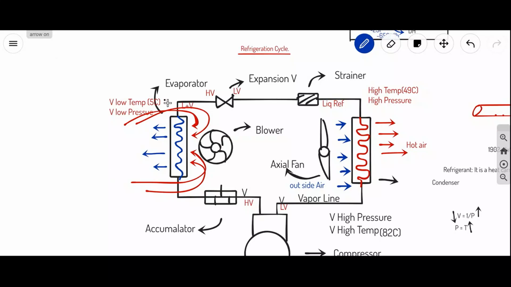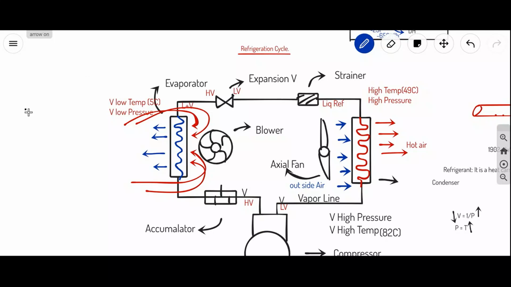Can I come? So this centigrade is considered as a dew point temperature. So at dew point temperature, what happened? Starts condensing. Yes.